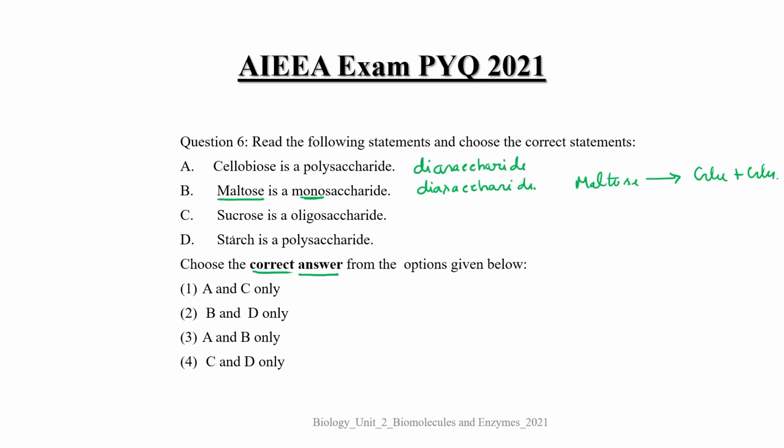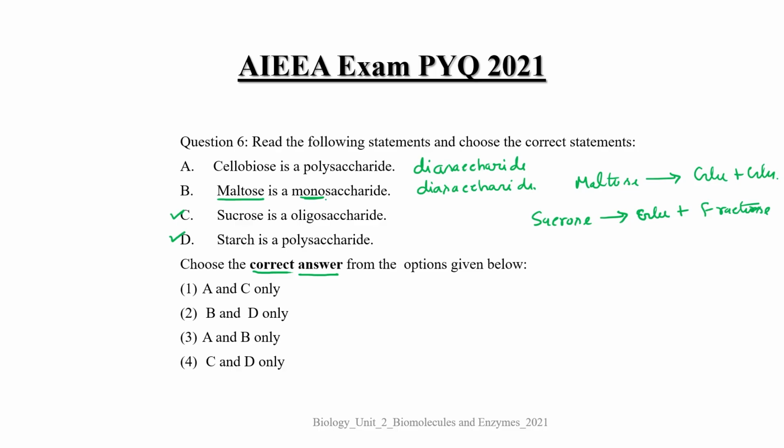Sucrose is made up of glucose plus fructose. Right? And starch is a polysaccharide. Yes, starch is a polysaccharide. So C and D, these two statements are the correct ones.